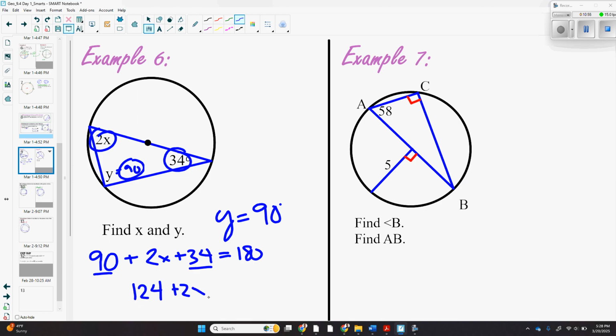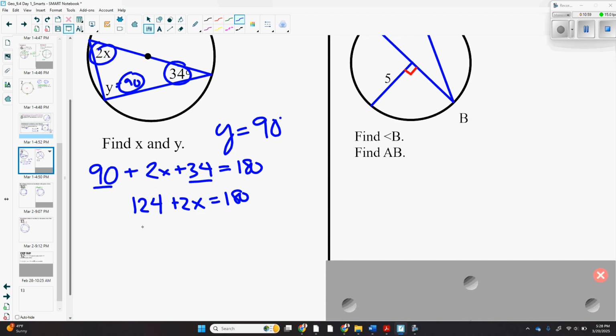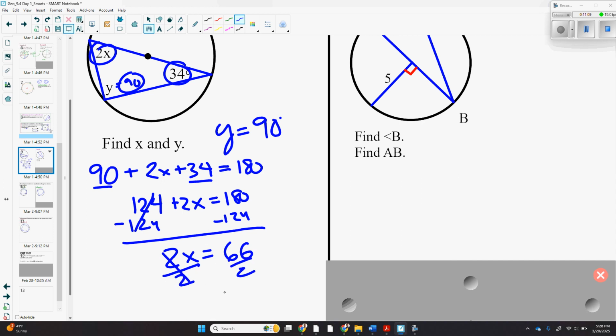If I subtract 124, that's going to give me 2x equals 56. If I divide by 2, then I get x equals, what is that, 28?